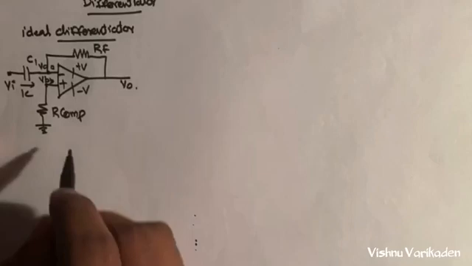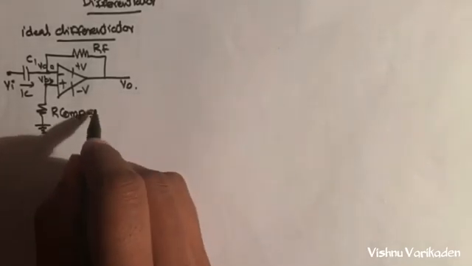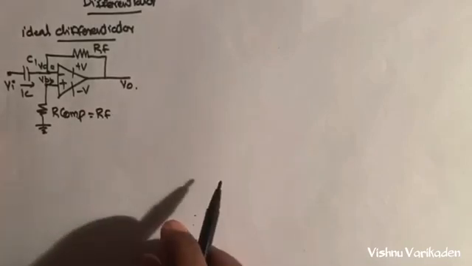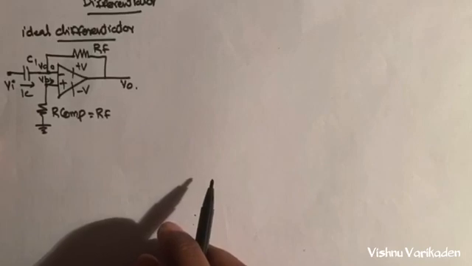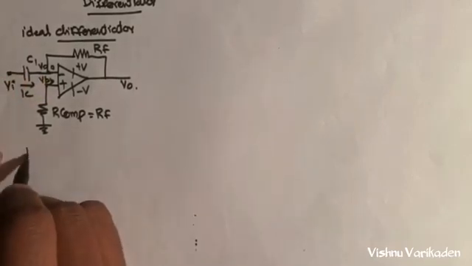So the compensation resistor R-com is equal to the value of RF, for limiting the input offset bias. So now we can make the analysis of the ideal differentiator. The expression for the output voltage can be obtained from node A, that is IC.